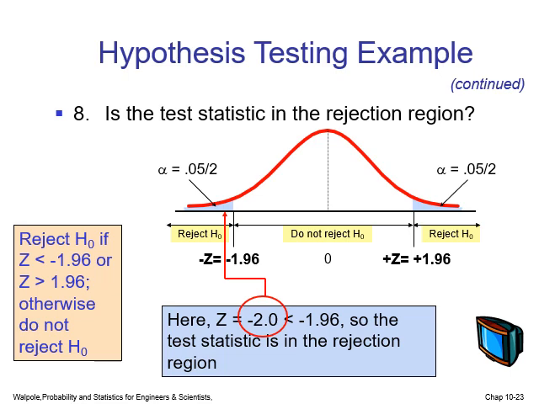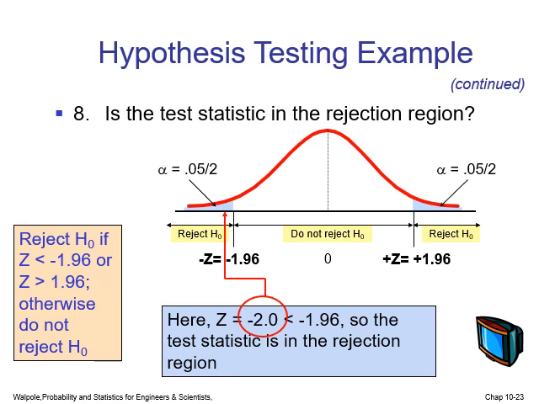So we need to plot the graph here. As we remember, the z value is plus and minus 1.96, and the statistic from the equation we find is -2. So should we reject or not reject? Here we get the z value of -2, which is smaller than -1.96.